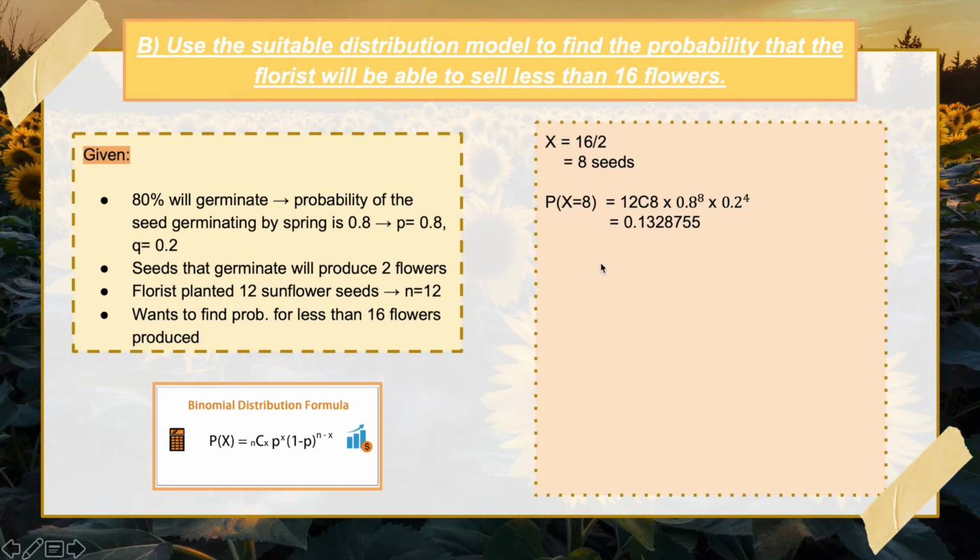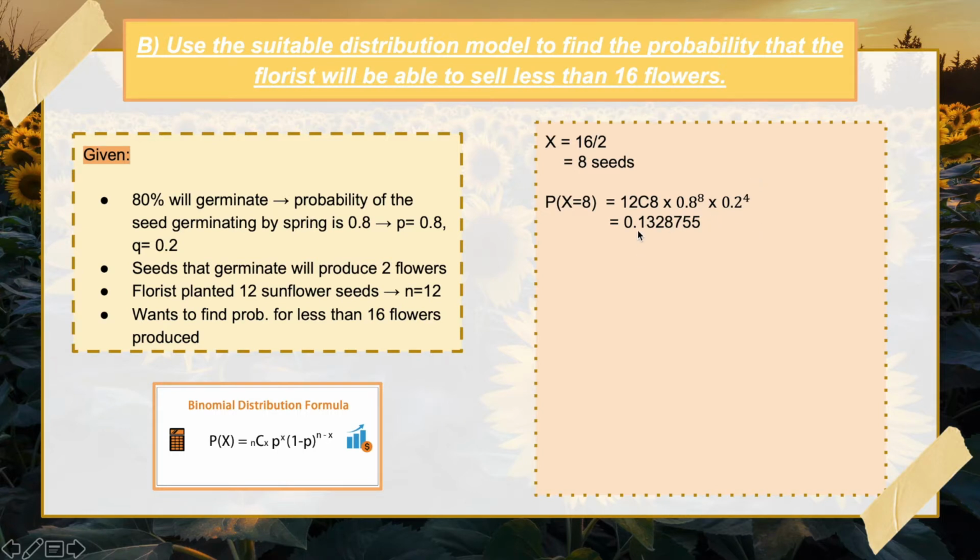For example, finding the probability of x equals to 8 means 12 combination 8 times 0.8, which is the probability of success, to the power of number of success, which is 8, then times 0.2, which is the probability of failure, and then to the power of 4, which is the number of failures.